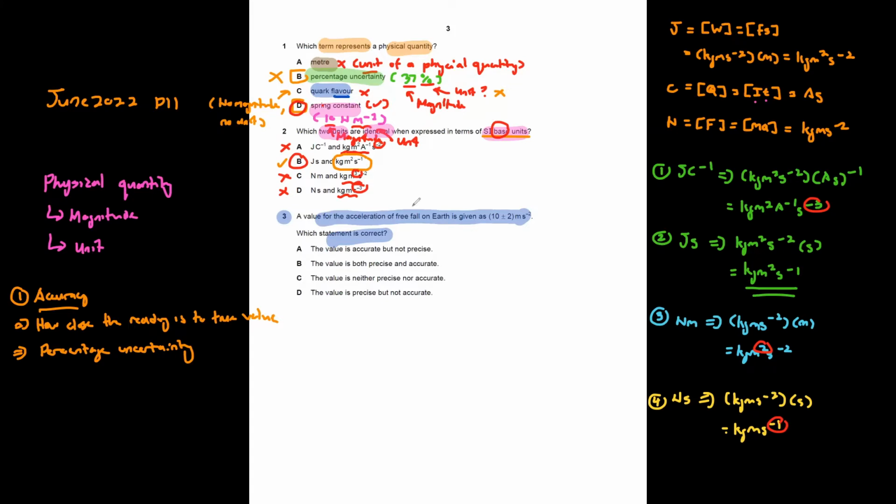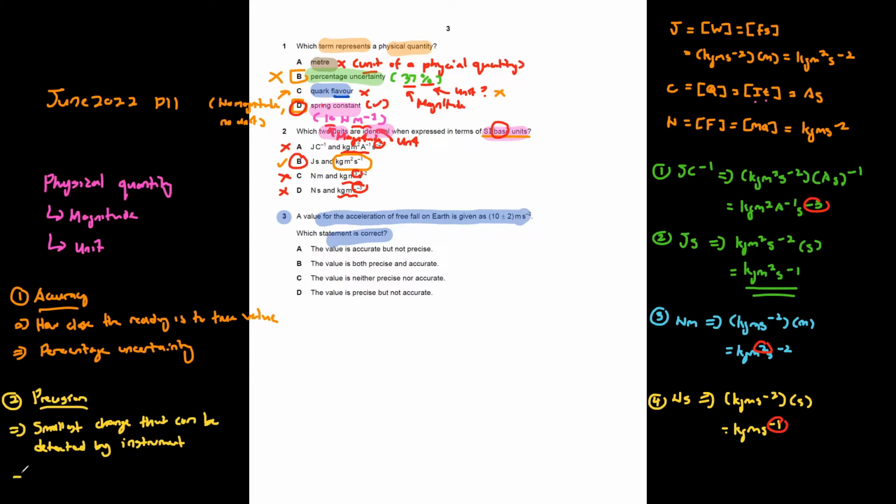Then if you move on to precision, precision also has two meanings for you. The first meaning is the smallest change that can be detected by your instrument.